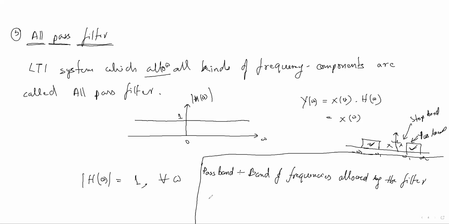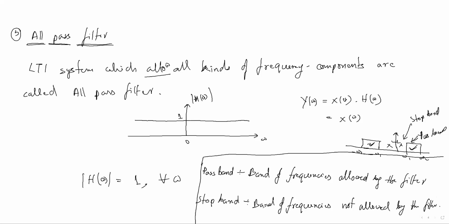Stop band is the opposite of the pass band definition: the band of frequencies not allowed, or stopped, by the filter.